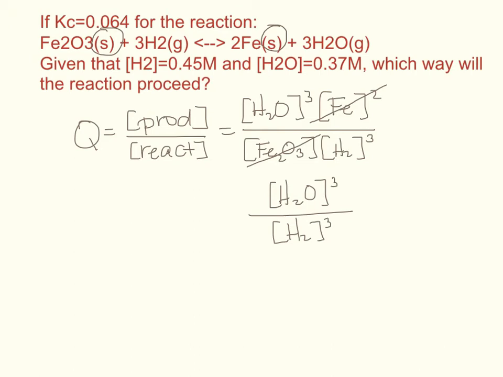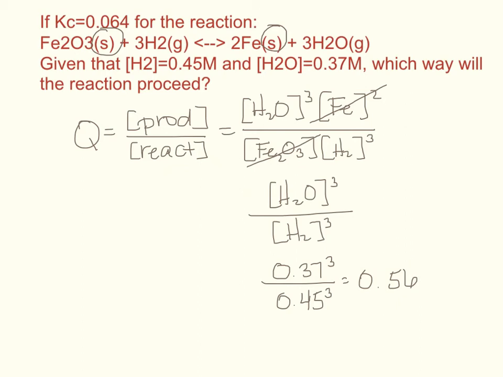Now I can plug in my values, and for H2O I get 0.37 cubed divided by my H2, which is 0.45 cubed. And if I do that math correctly, I'm going to get 0.56 for my Q value.